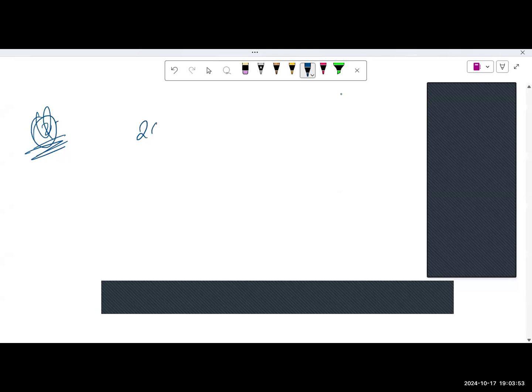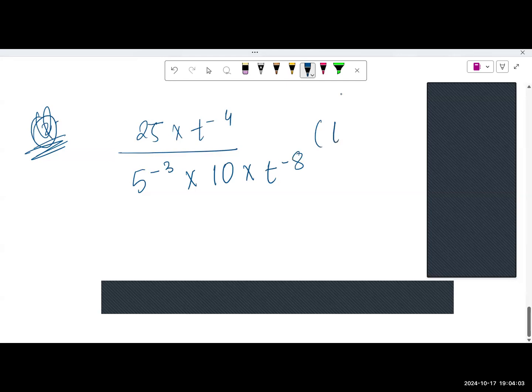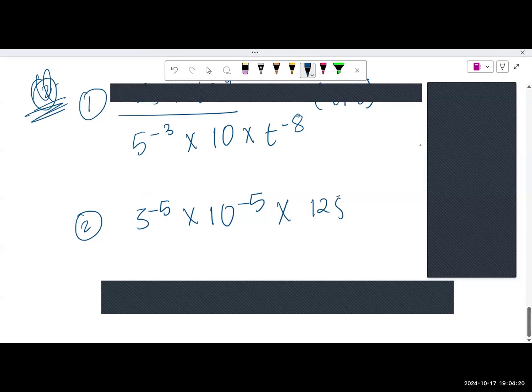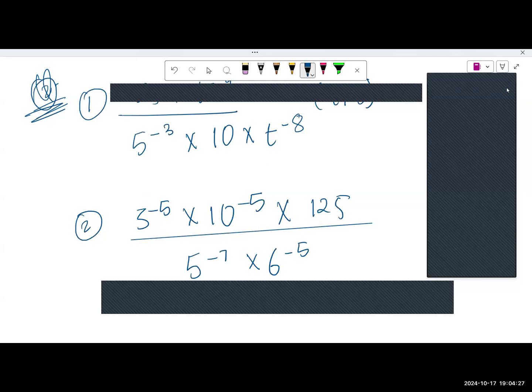Now you have 10 to the power minus 5 into 125 upon 5 to the power minus 7 into 6 to the power minus 4. Okay, we solve this.